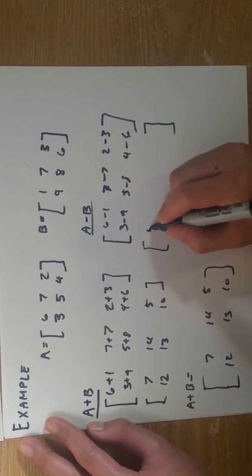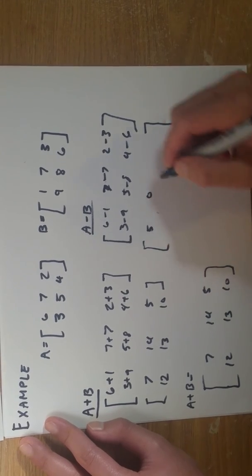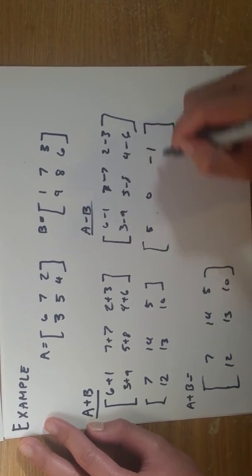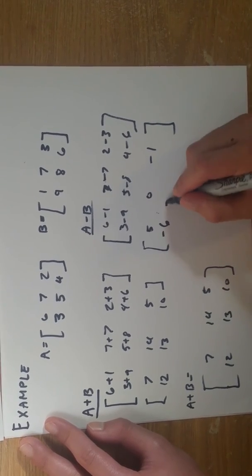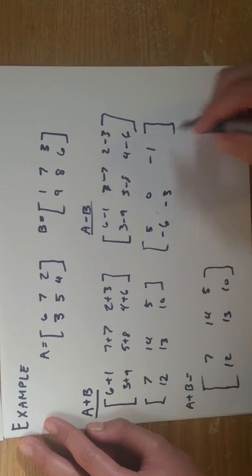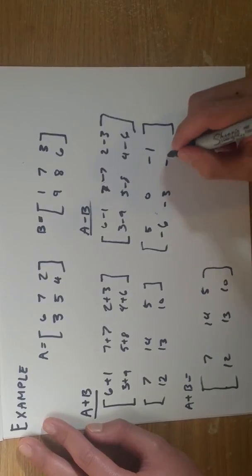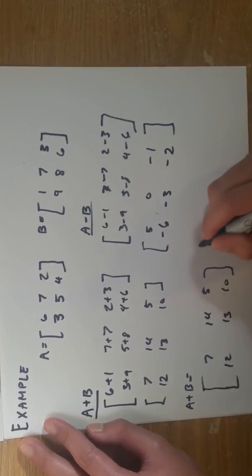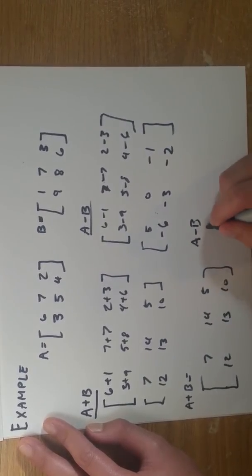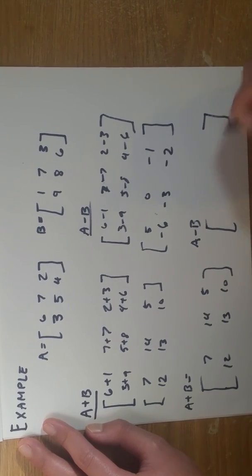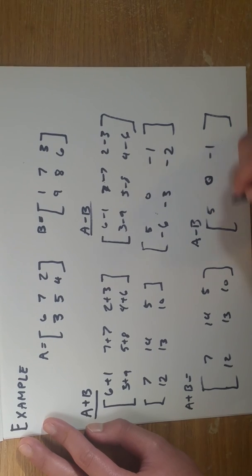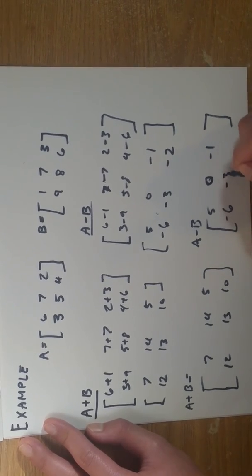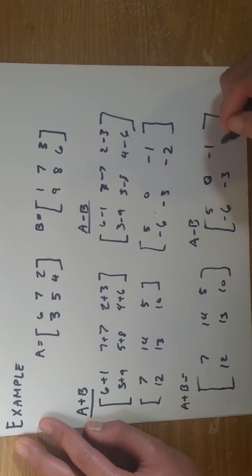So 6 minus 1 is 5, 7 minus 7 is 0, and 2 minus 3 is negative 1, and 3 minus 9 is negative 6, and 5 minus 8 is negative 3, and 4 minus 6 is negative 2. So A minus B would be the matrix 5, 0, negative 1, negative 6, negative 3, negative 2.